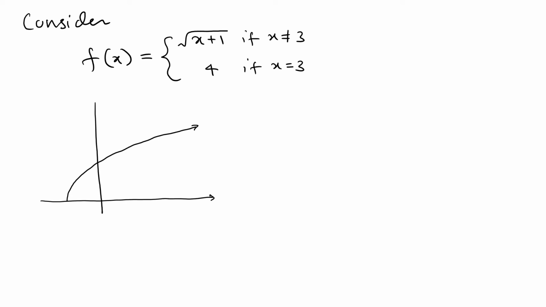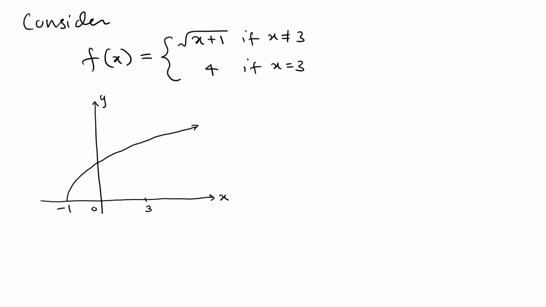So that's the x-axis and the y-axis. This is -1 and 0. The value 3 is not up to scale, so let's say this is 3. And you can see that there's a hole there.